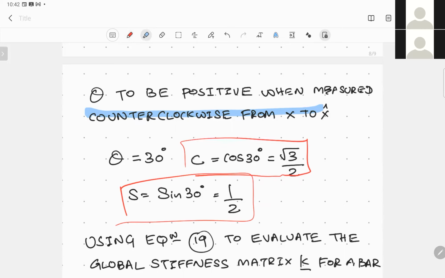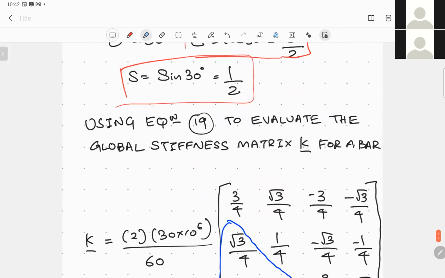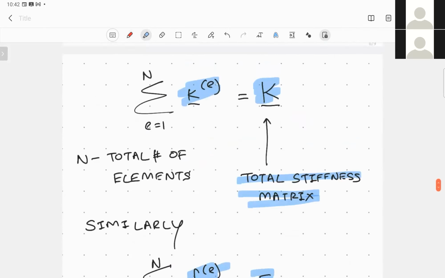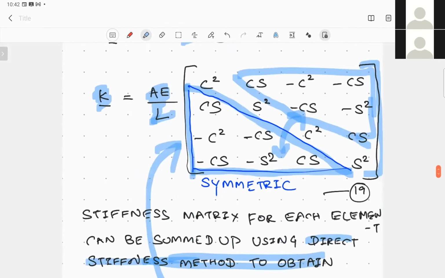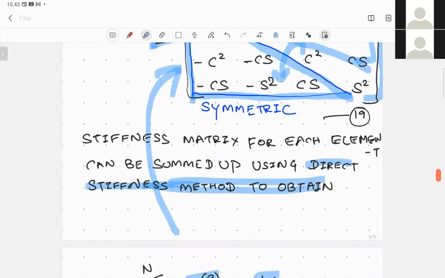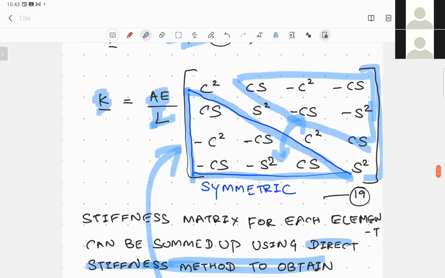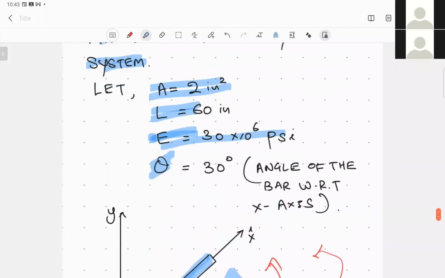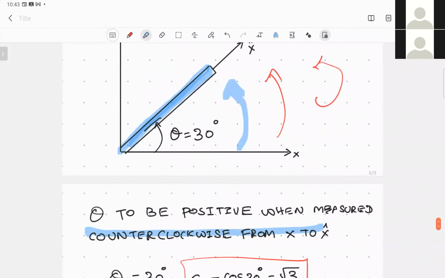Once you obtain these values, you can apply equation number, let's say, 19, to obtain the global stiffness matrix for this rotated bar element, sorry.